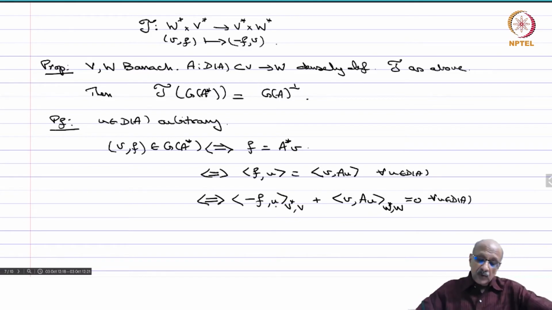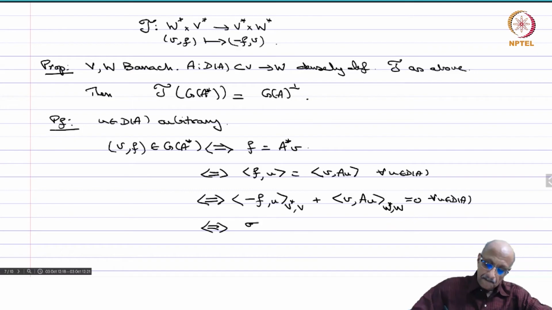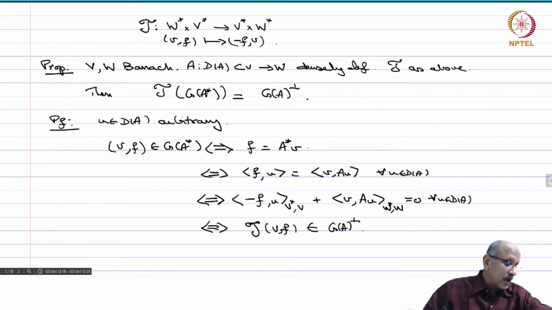Now (u, Au) is a typical element of the graph of A, and this tells you that (minus f, v) is killing all of them. So that means that J of (v, f) belongs to G(A) perp. And all these implications work both ways, and therefore that proves this proposition.